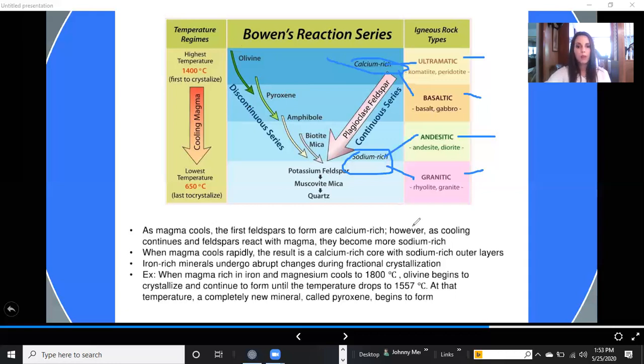They become brand new minerals. So you start with olivine, and then you have pyroxene, amphibole, biotite mica, potassium feldspar, muscovite mica, and finally quartz. It's all going to change as the pressure and the heat change.